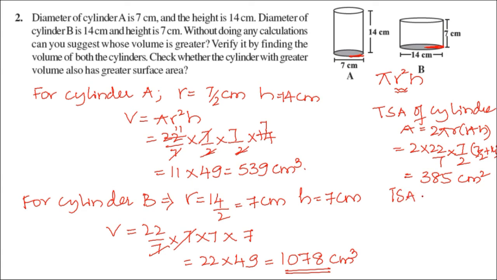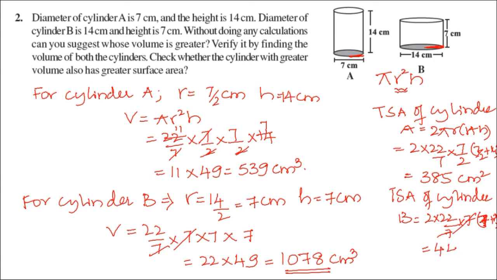Let's also find out the TSA of cylinder B. This will be equal to 2 into 22 upon 7, 2 pi into r. r is 7. r plus h is 7 plus 7. This will become 14. So one of the 7 gets cancelled here.